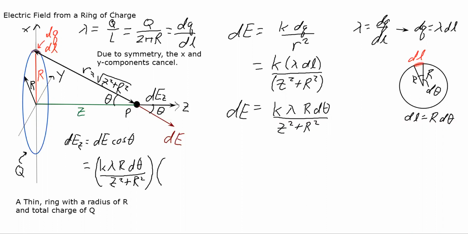Cosine theta, adjacent over hypotenuse, Z over square root of Z squared plus R squared.